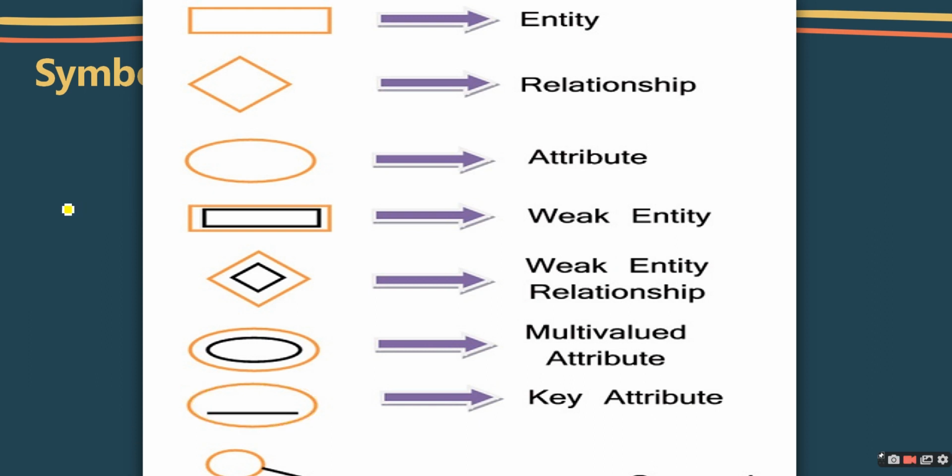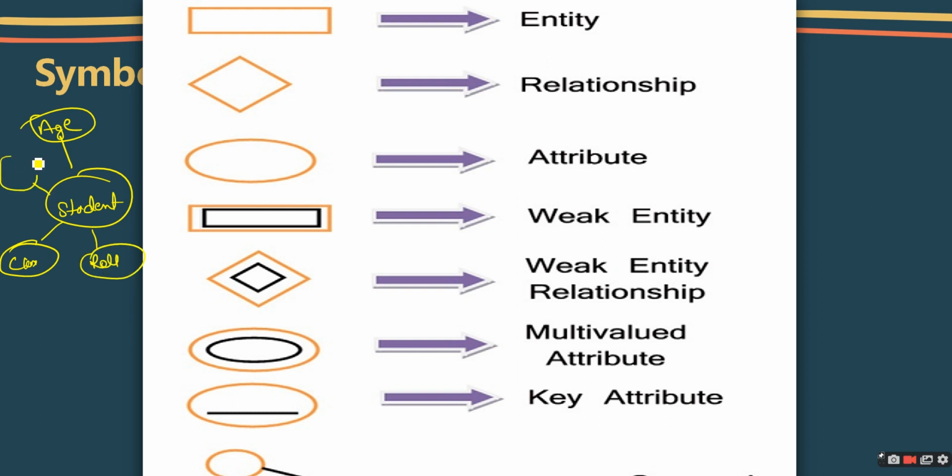So let's say I take the example of a student. A student has many attributes like age, class in which they study, roll number, name. So there will be many attributes for a student. But what is the key attribute? The unique value which is going to uniquely identify this student, that attribute is termed the key attribute.